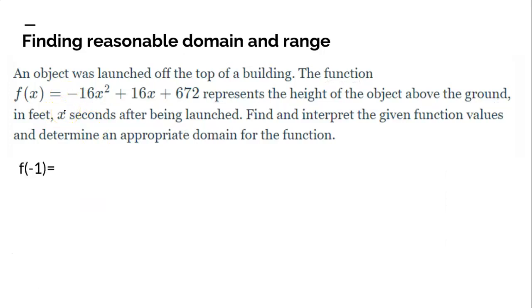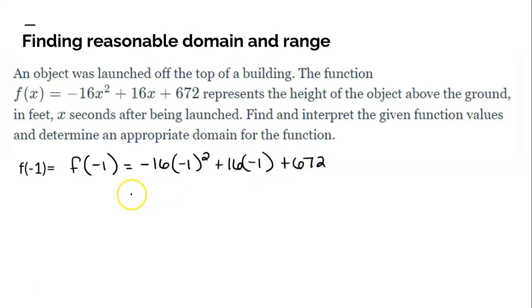So we're going to start by finding f of -1. So if you remember when we learned about function notation, we're going to substitute -1 for x. So this becomes -16 times (-1) squared plus 16 times -1 plus 672.